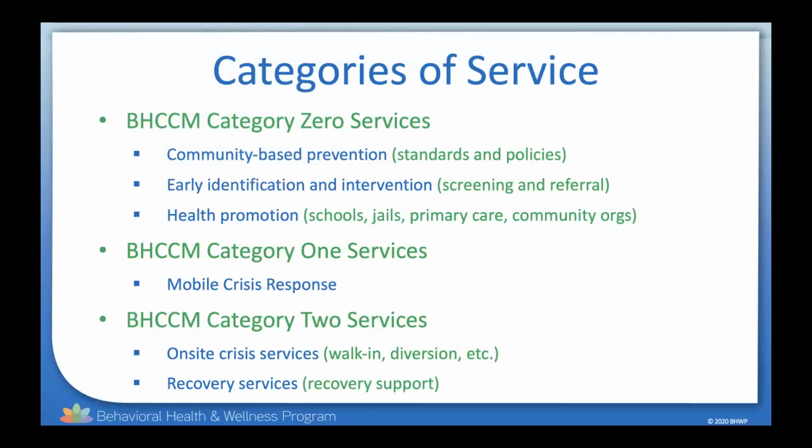So again, just to summarize what Jim has discussed, I wanted to lay these different categories out so that you can see them all in a very simplified manner. Category 0 services are not explicitly part of the Colorado behavioral health system, but nevertheless, they are important components that we want people to consider within that context and within our model.